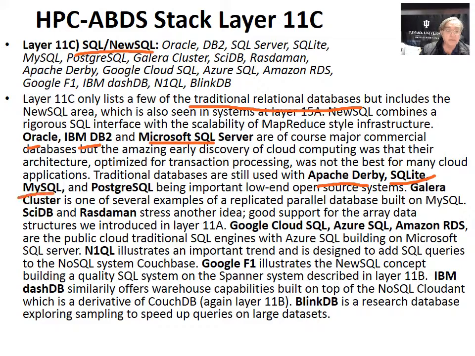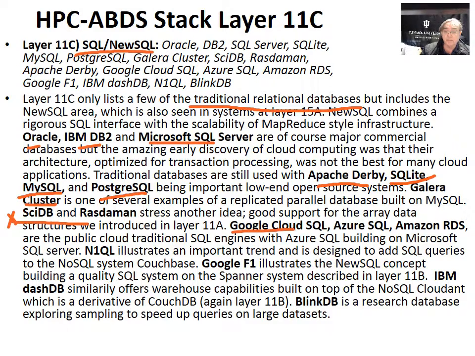Then we have the famous MySQL system and Postgres, which are all open source. There are various ways of parallelizing these systems. Galera cluster is one particular approach to that. An interesting new development is the development of array-based data sources. So SciDB and Rasdaman support arrays with great efficiency in a traditional database environment.